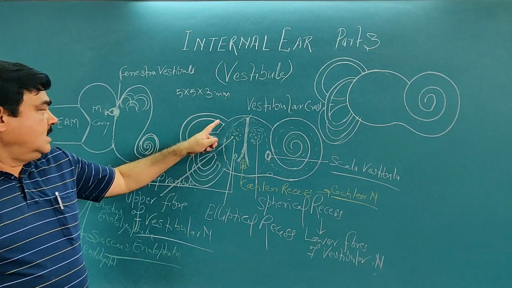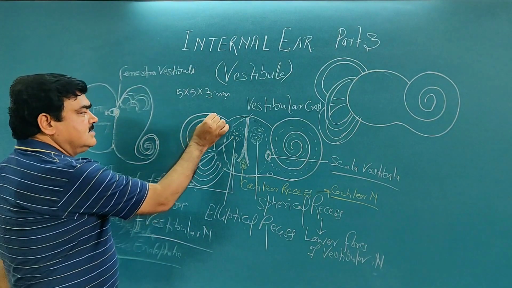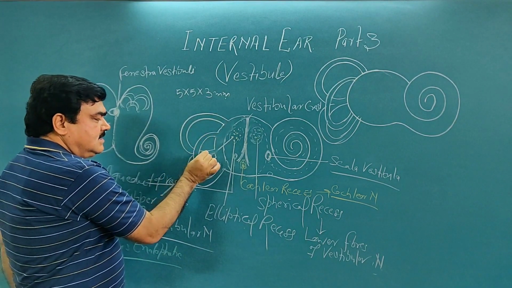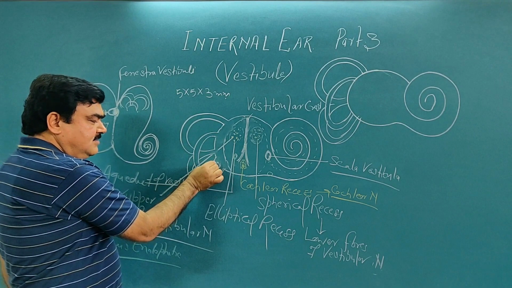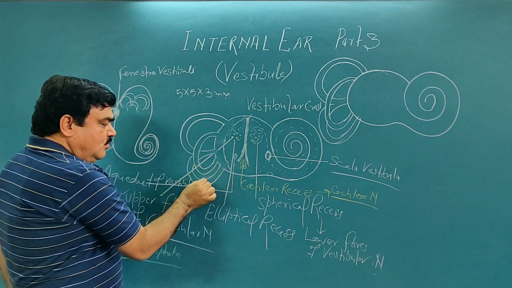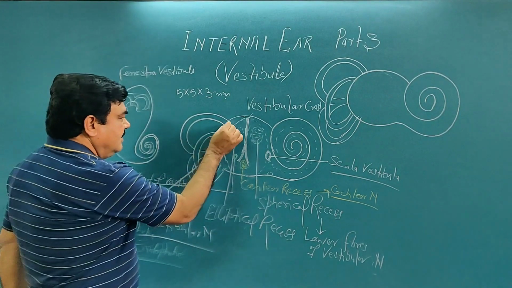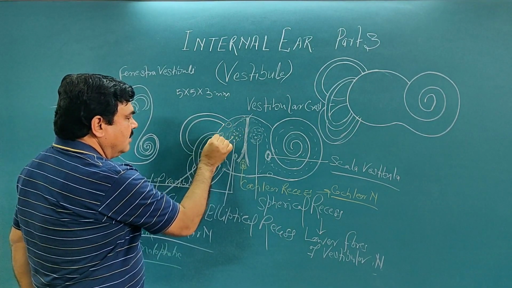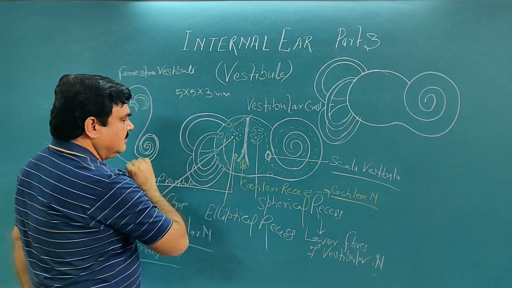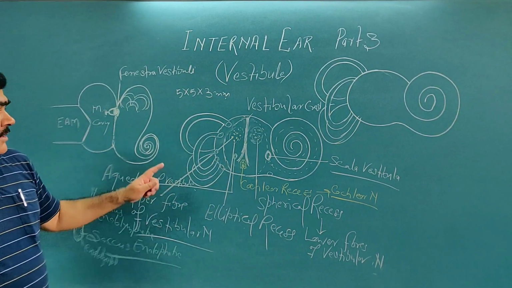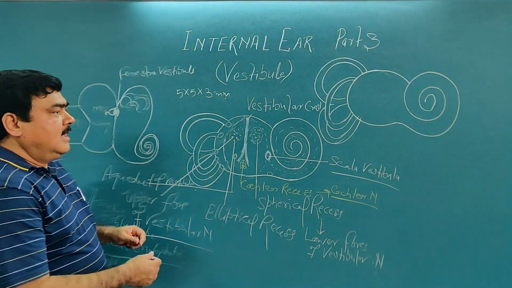These openings are for the anterior semicircular canal, here is the crus commune, this is the lateral semicircular canal, and here is the posterior semicircular canal. So this is the bony labyrinth.